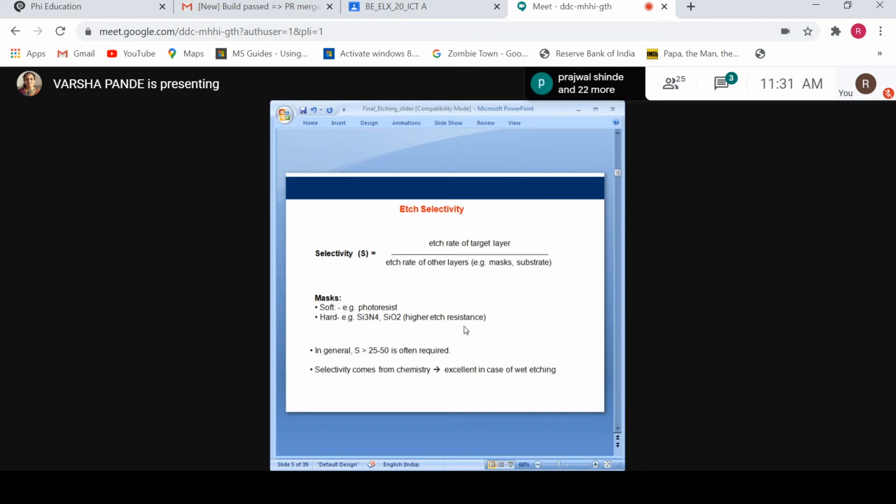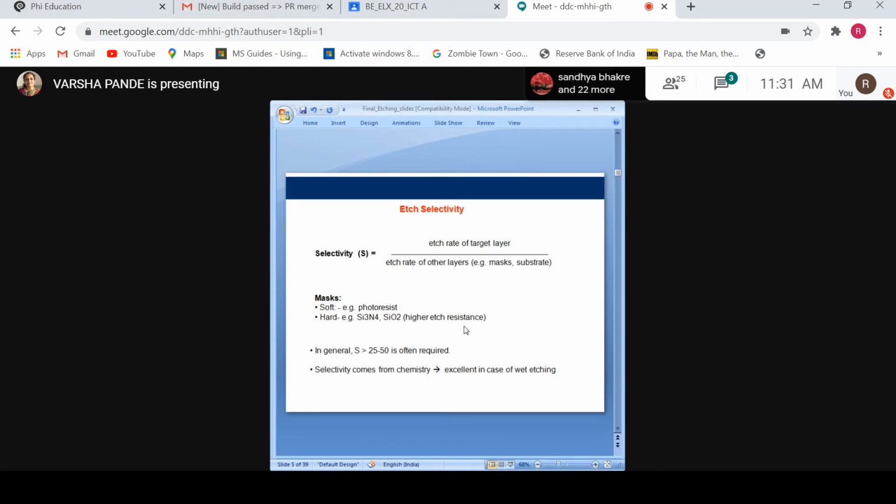Wet etching has good selectivity. Good selectivity means a particular material will etch, another material will not etch. A particular material will dissolve, another material will not dissolve. That is good selectivity. But it is isotropic. Isotropic means the selected material will etch equally in all directions. But we want only the vertical etching.